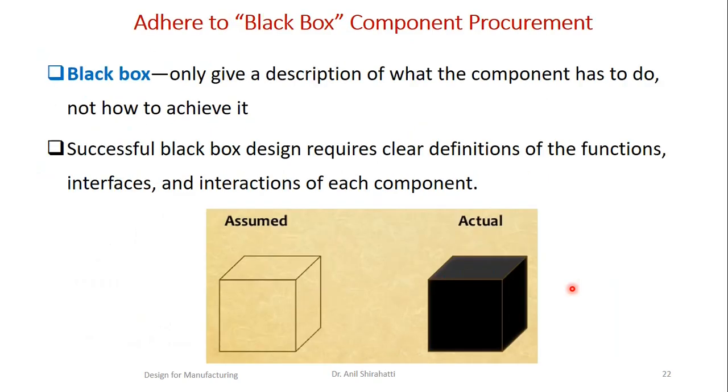The next is adhere to black box component procurement. This is very important. A black box only gives a description of what the component has to do, not how to achieve it. A successful black box design requires a clear definition of the function, interface, and interaction of each component. So, simple: I have taken a simple cube, and as a purchase manager I will say I need a cube of 1 meter by 1 meter by 1 meter.